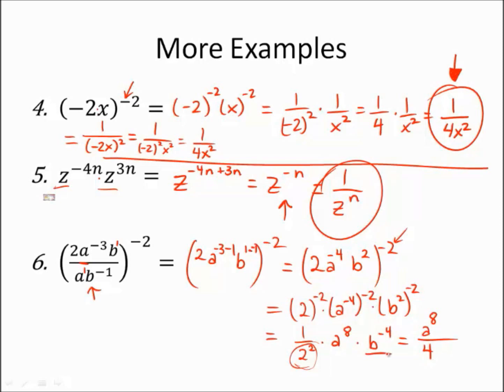And this guy here, b to the -4, if it stayed up top, it would still have a negative exponent. So remember, the negative exponent can be eliminated by changing its level. So this actually means reciprocate this in order to keep a positive exponent. So it would go to the basement with a positive exponent of 4.